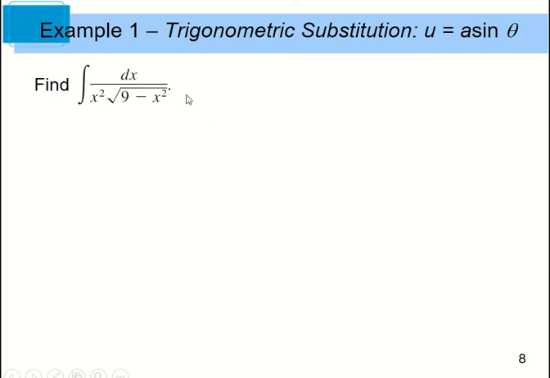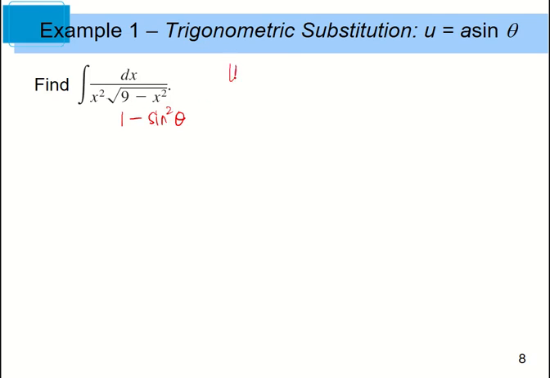So let's take a look at this example. When we want to integrate this, we can see we have a radical function, the square root of 9 minus x squared. This is in the form of 1 minus sine square theta, so we are going to take u to be a sine theta.